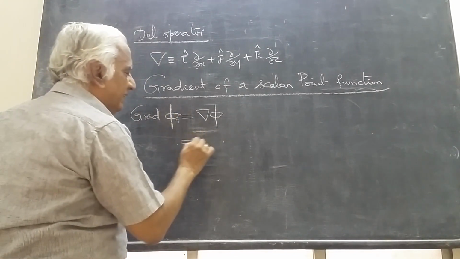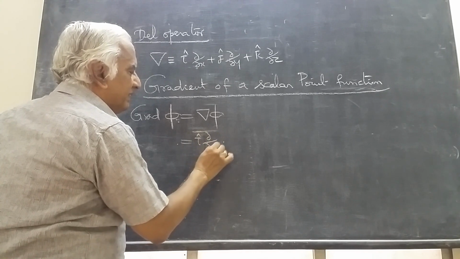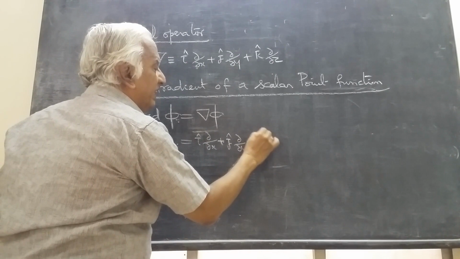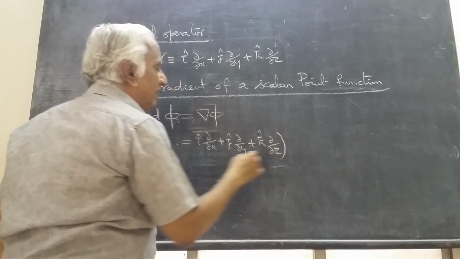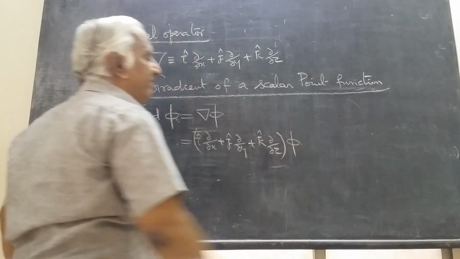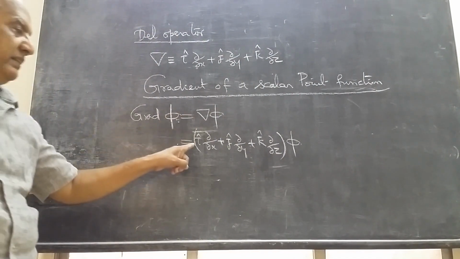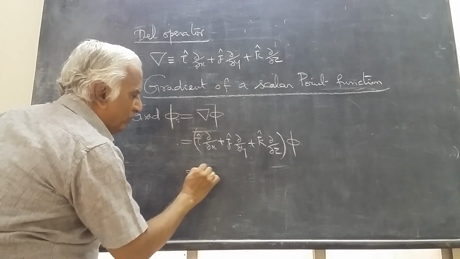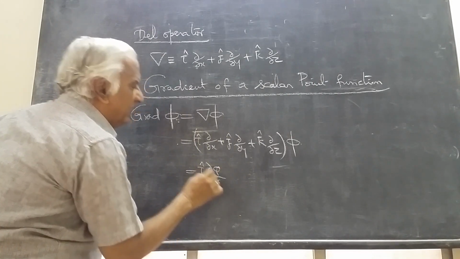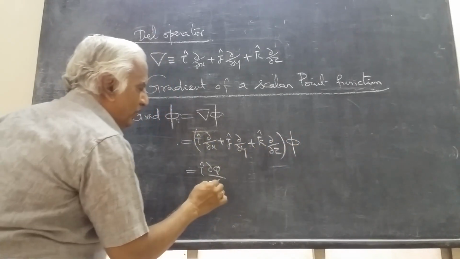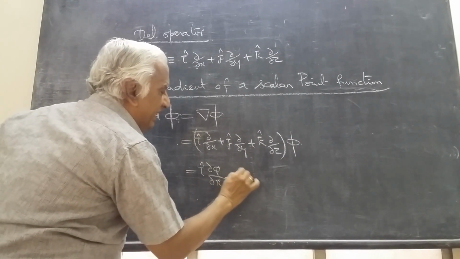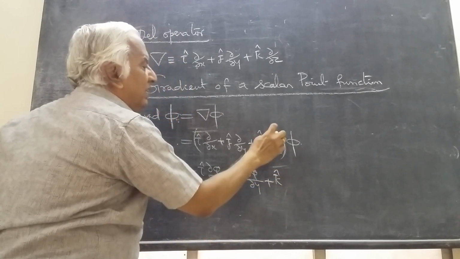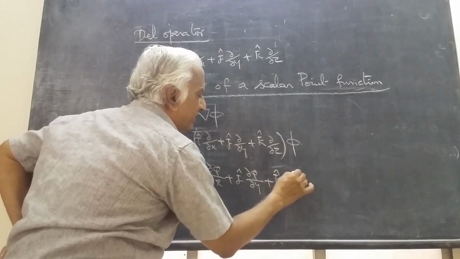You know what is del? i ∂/∂x, j ∂/∂y, k ∂/∂z. This operates on phi. This is del, this is phi. Now if you expand, you will get i ∂phi/∂x, j ∂phi/∂y, k ∂phi/∂z.